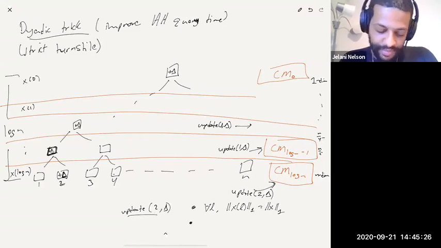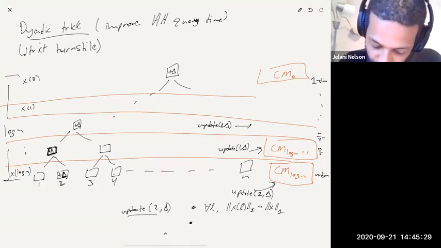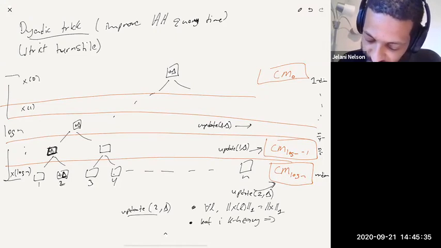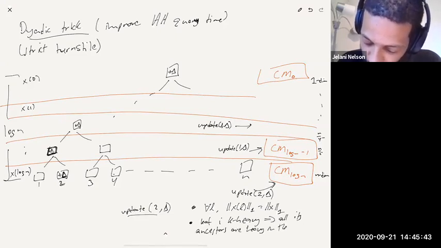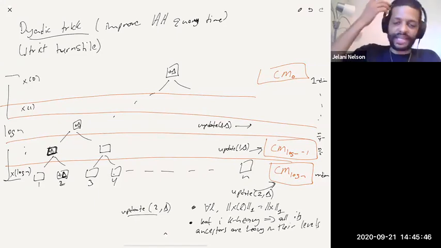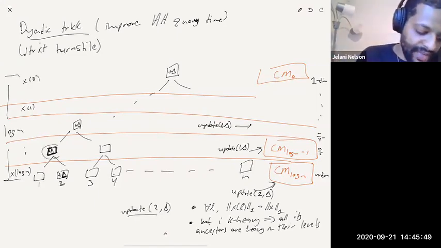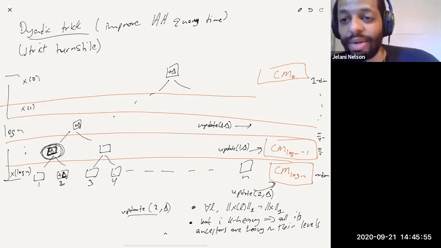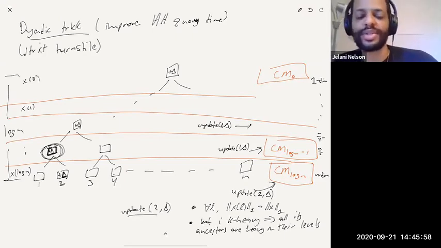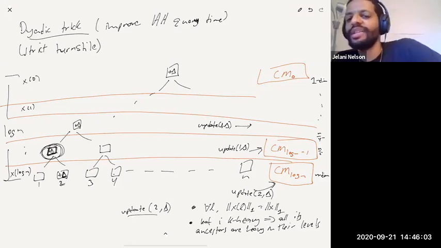The other thing to notice is that if a leaf i is heavy, that implies that all of its ancestors are heavy in their levels. Because since it's strict turnstile, if 2 is heavy, then that node's value is at least the value of 2, and it might even be larger because 1 is also contributing. Same thing with all the ancestors: they're only going to be heavier. In fact, the value at the root is the entire L1 norm. So it's very heavy. It's everything.